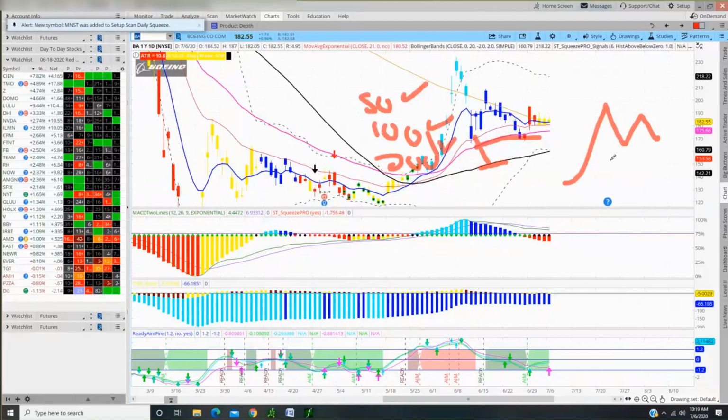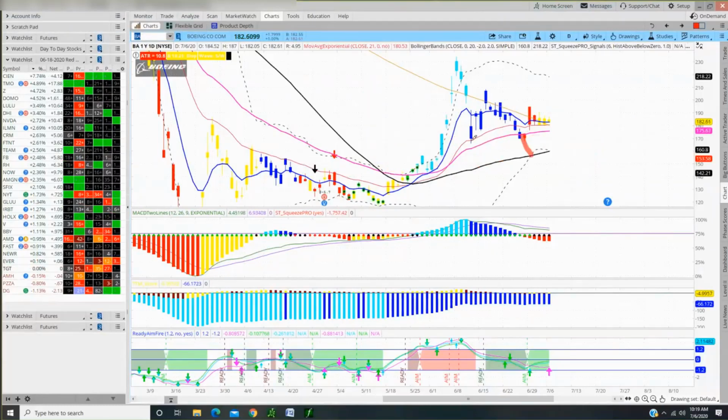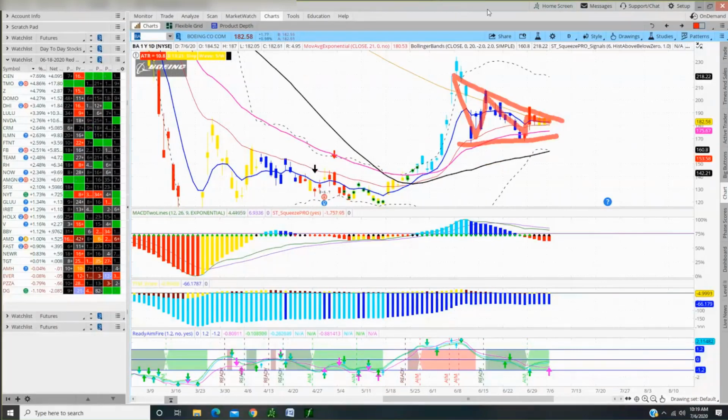It's the last one, whatever it is. So it would have had to break down to here, make this lower low, then hook up. I see what you mean, though. It's not an extended squeeze for me because it's still a perfect squeeze. It didn't break the 34. So no, it's not an extended squeeze, but it's a beautiful one. It's a great looking chart. I absolutely love that chart.